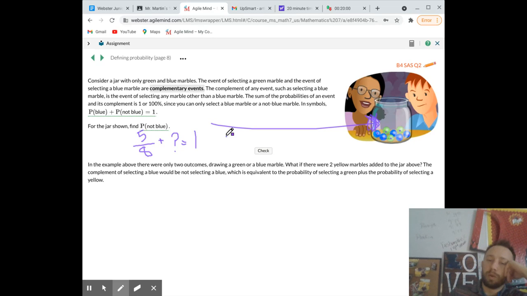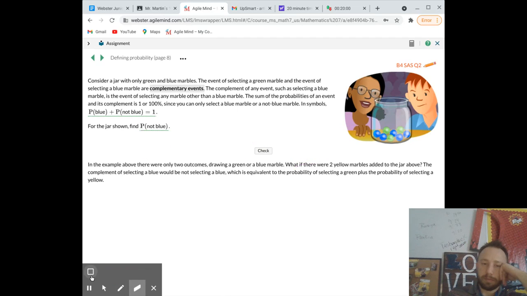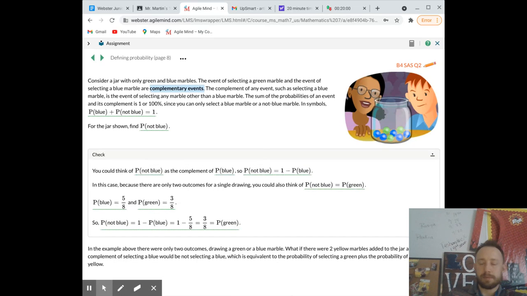Because we know that 1 is the same thing as 8/8. And so 8/8 minus 5/8 is going to get you the same answer. If you count those greens, how many are there? 3. Good, 3/8. Let's check that real quick and see if that's how they did it. Does that look any different than what we just did? No, it looks exactly the same, right?